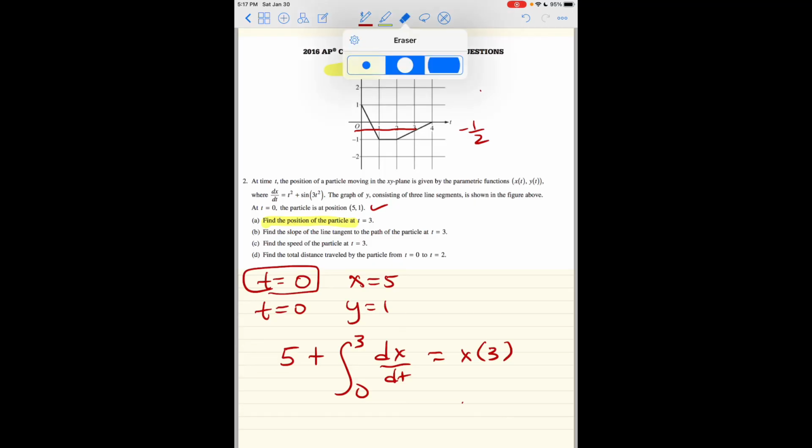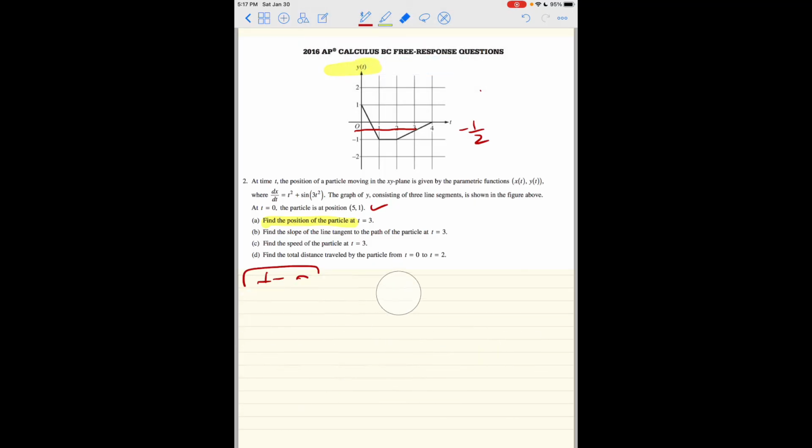The slope is going to be very, very simple. To find the slope of the tangent line, you're basically going to take this at time t equals 3. dy/dx is equal to dy/dt over dx/dt.